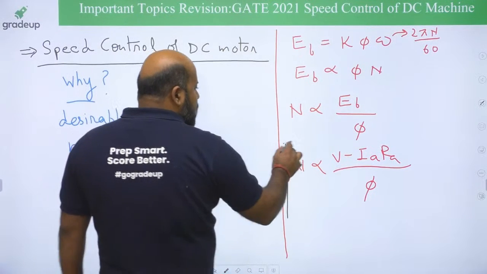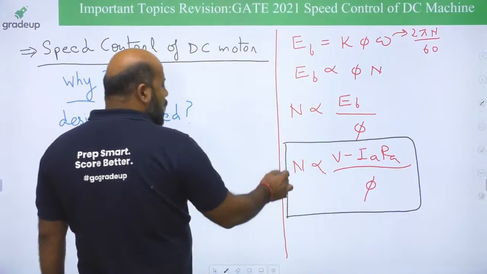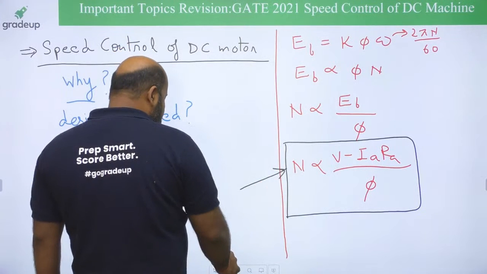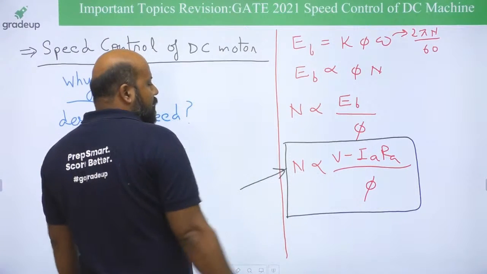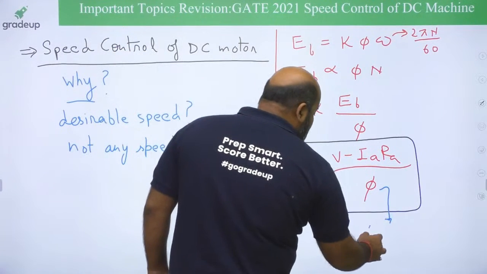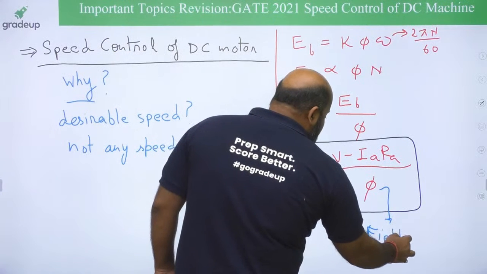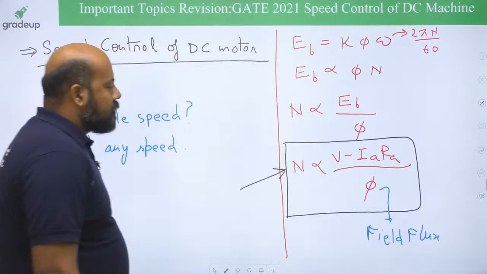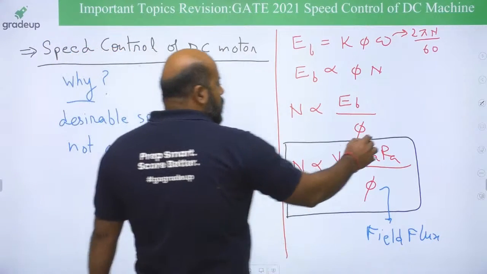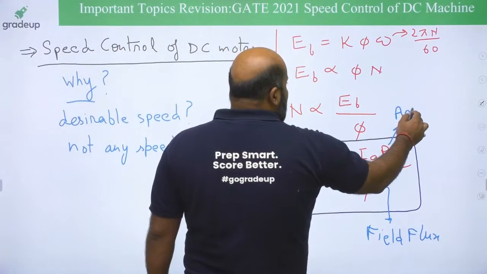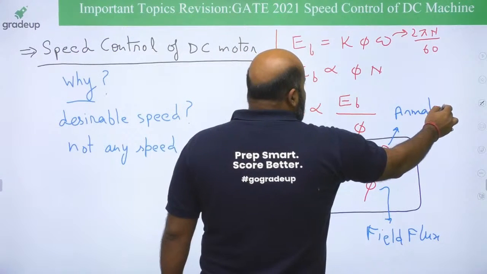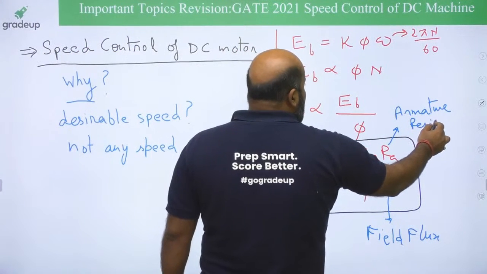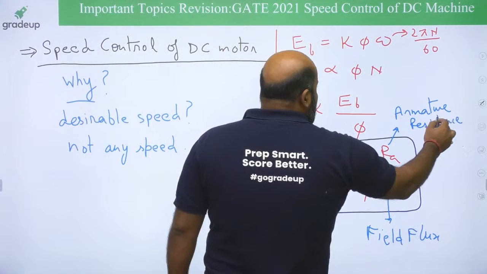This equation tells that if you want to control the speed, then what are the different methods you can have? Number 1, field flux control. Number 2, armature resistance control.